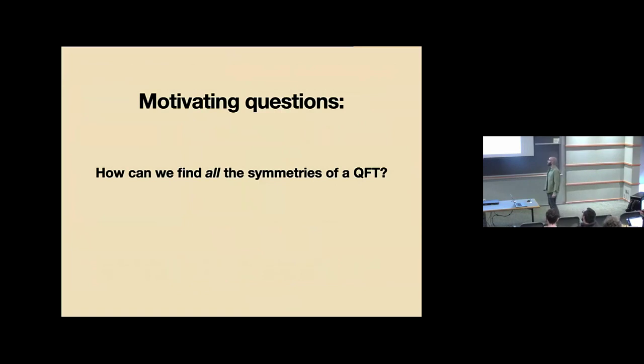So earlier in this program, Ichul gave a beautiful overview talk, and one of the questions that he posed at the end to high energy theorists was the question of how can we find all the symmetries? So if I hand you a quantum field theory, most people in this audience have their favorite ways of obtaining examples of topological defects in that quantum field theory.